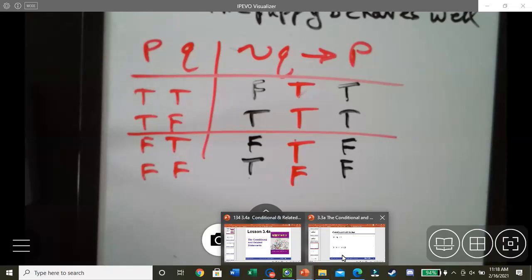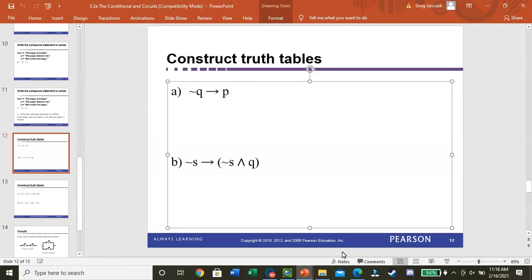Let's try the next one. So I'm just going to leave this left side intact because it's always the same. It never changes. Okay, so now we're saying not, oh, okay, this one's got an S in it.